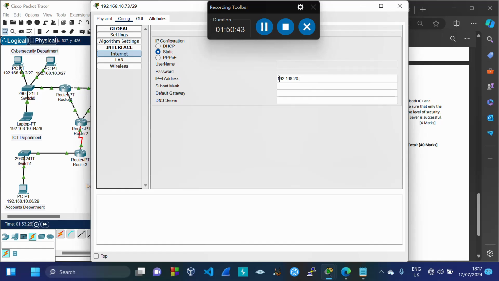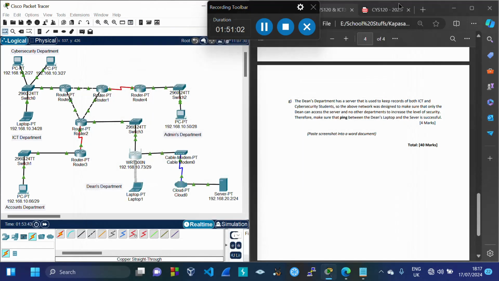Instead of .2 for the server, I'll say .3 to represent this router. Then the mask is /24, which is okay. Then the default gateway was .1 for that particular server, and the DNS server is .2. So by doing this, it means now the router has information about this guy over the internet.